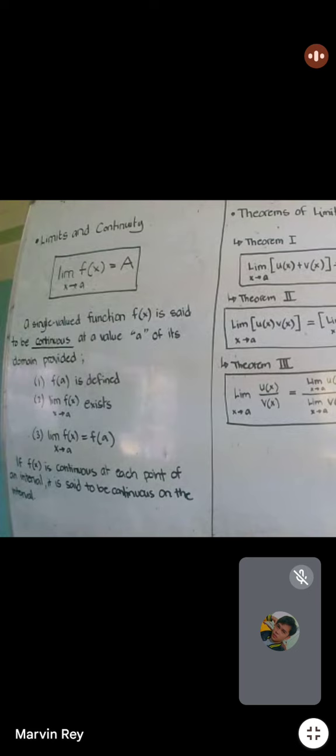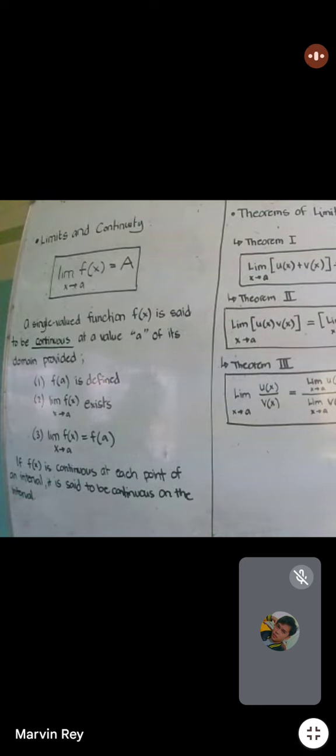One of the points of limits is to define the boundary, or where it ends, something like endpoints. Since there are a lot of values of x for a given equation, there are also a lot of values of y for every value of x.